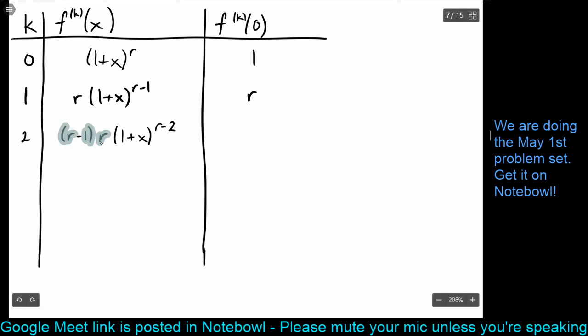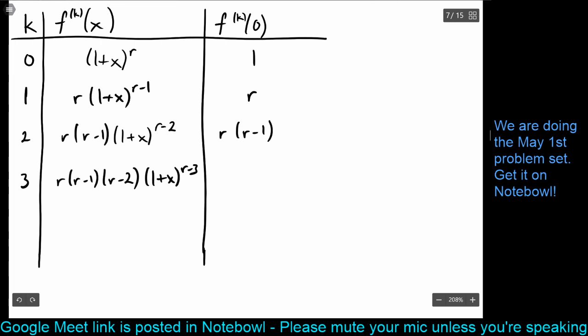Plug that in, and we have R times R minus 1. Take a third derivative: R times R minus 1 times R minus 2 times 1 plus x to the R minus 3. So when we plug in 0, we get R times R minus 1 times R minus 2.